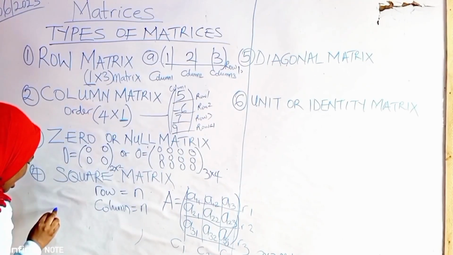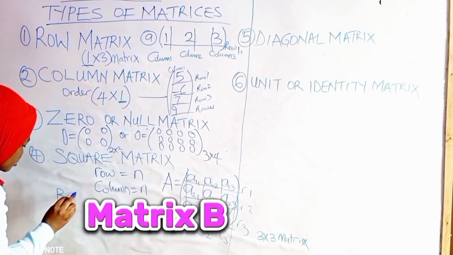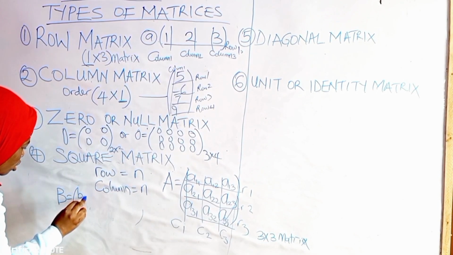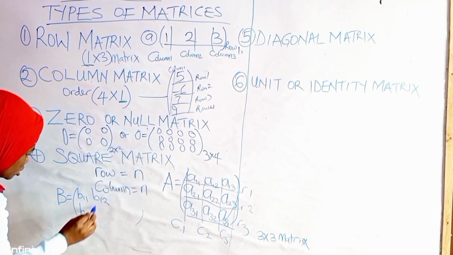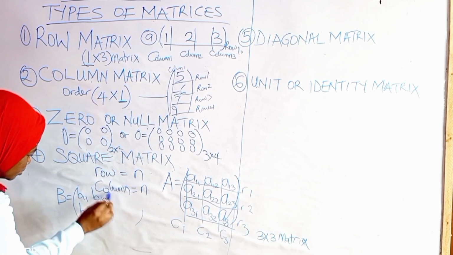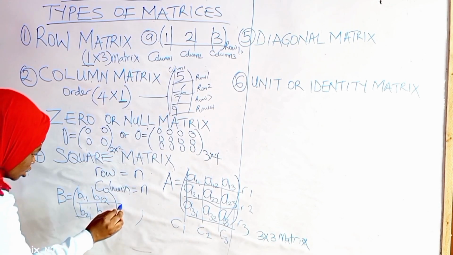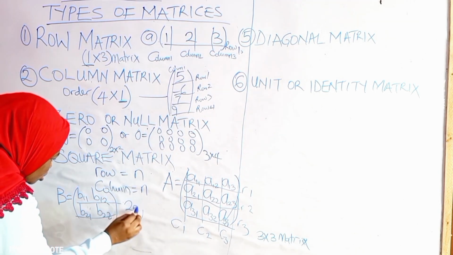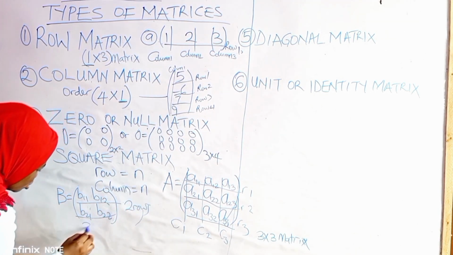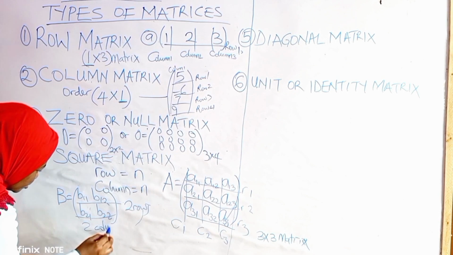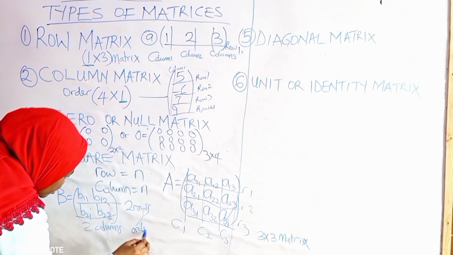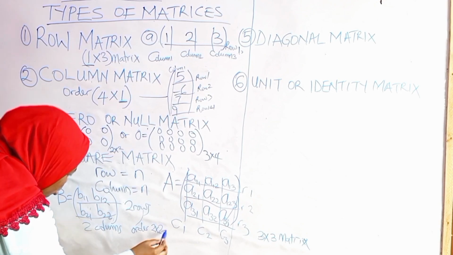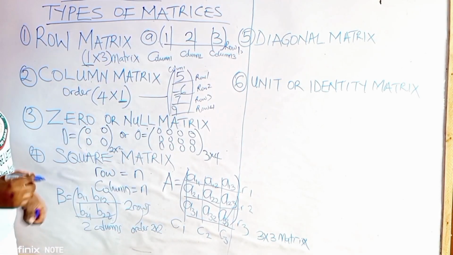Another one, if we have square matrix B equal to B11, B12, B21, B22, you can see that this one has two rows and 2 columns. So this is order 2 by 2, so it is a square matrix.